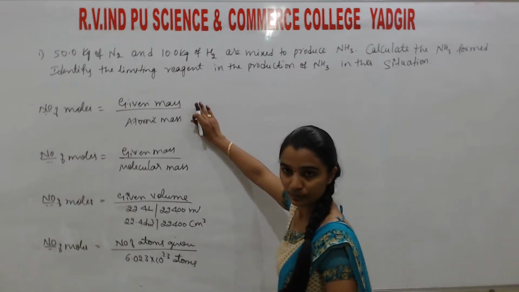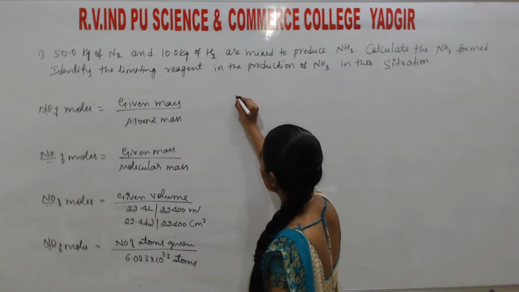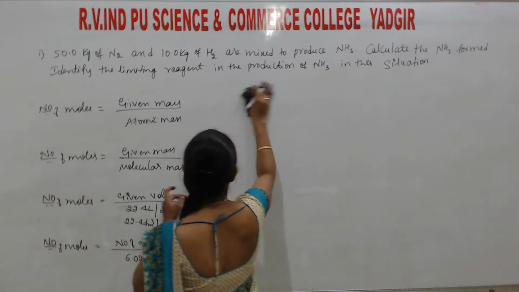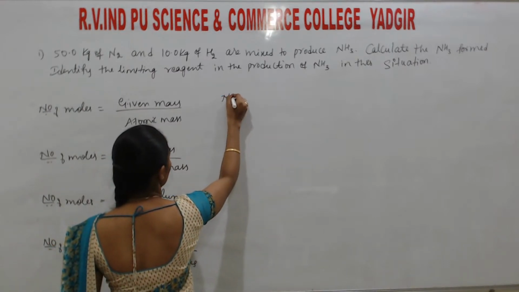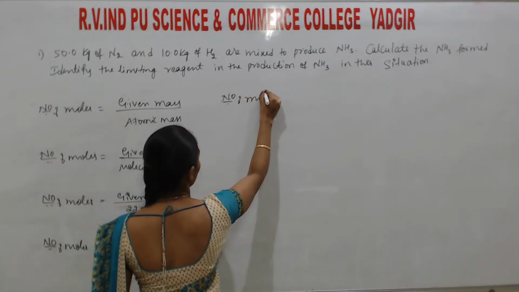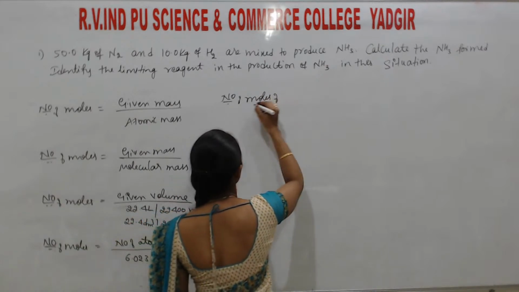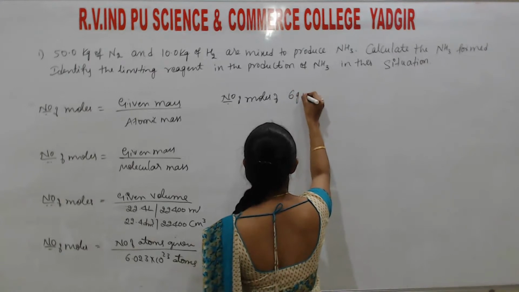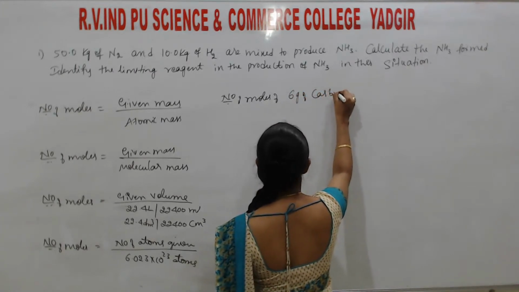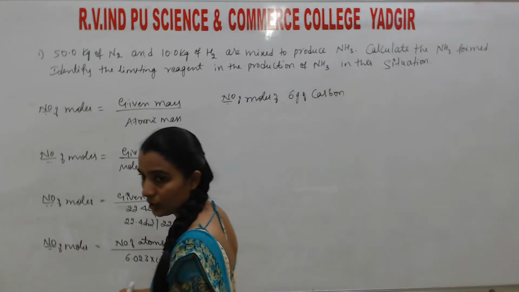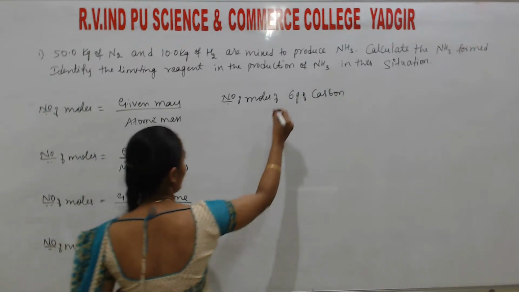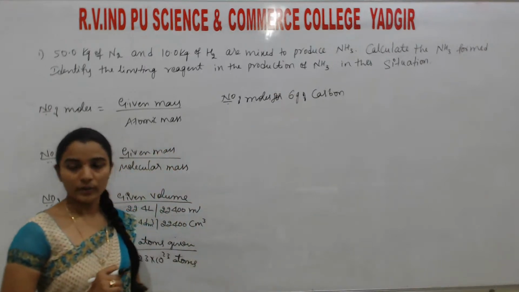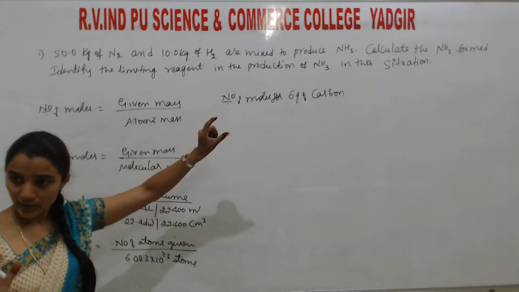Okay, for first one, I'll take calculate number of moles of 6 gram of carbon. So students, carbon is an atom.